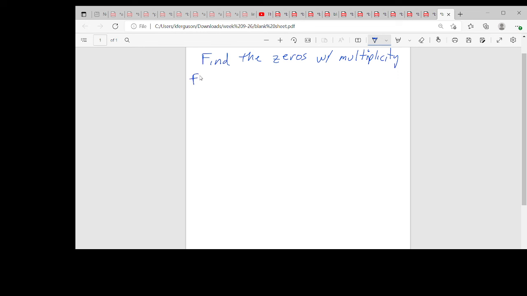Okay, so f of x equals x minus 2 squared times x squared minus 4 times x minus 1 to the third power. Okay, so here's what I got. I'm looking for zeros.